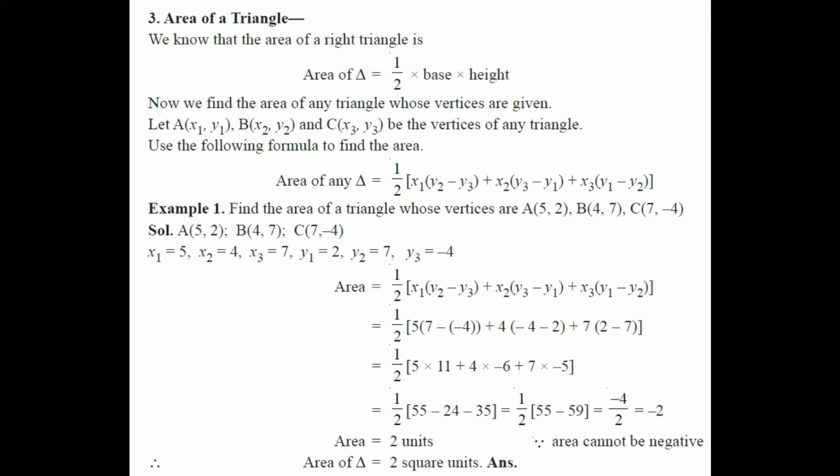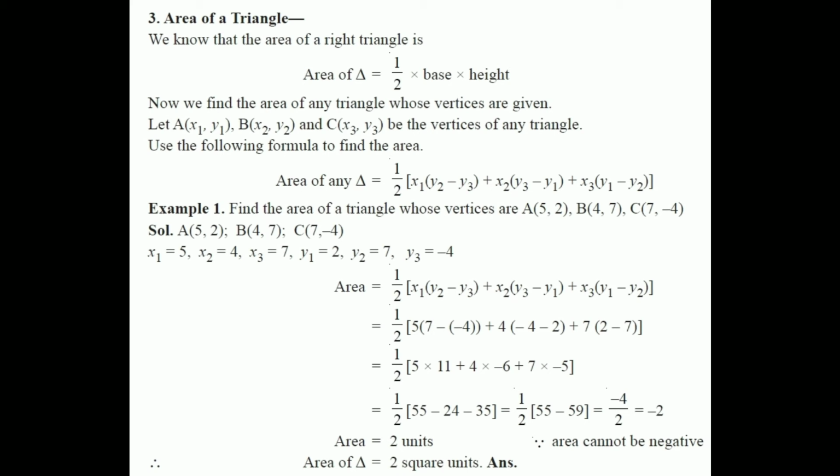Now we apply the area formula. Area is equal to 1 by 2 bracket x1 into (y2 minus y3) plus x2 into (y3 minus y1) plus x3 into (y1 minus y2) bracket close. Substituting the values, we have area is equal to 1 by 2 bracket 5 into (7 minus 4) plus 4 into (minus 4 minus 2) plus 7 into (2 minus 7).